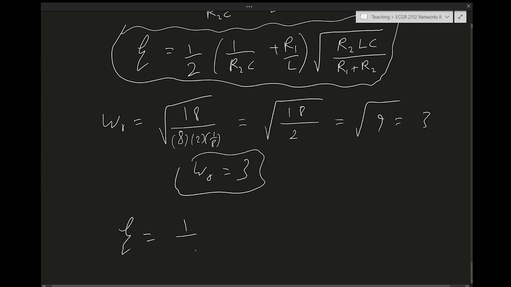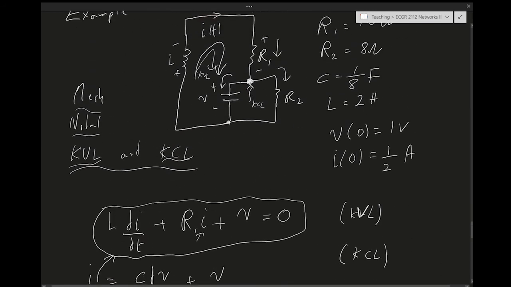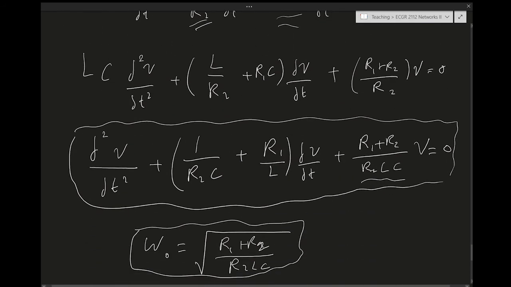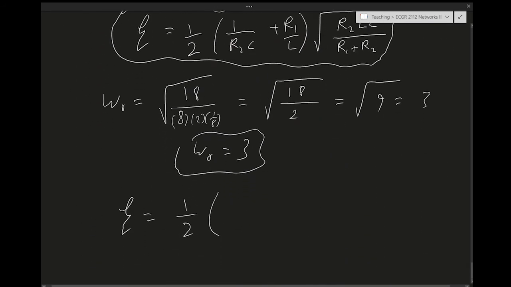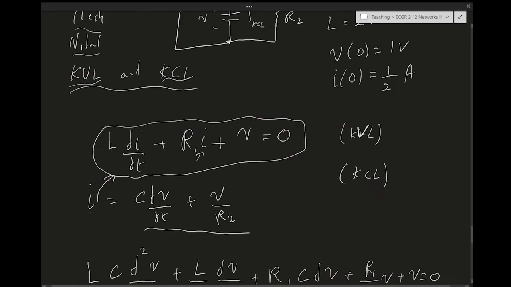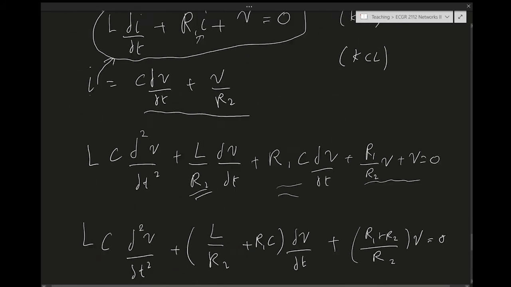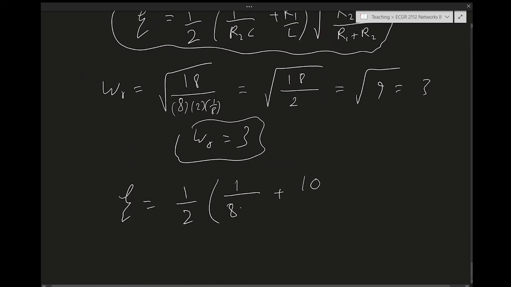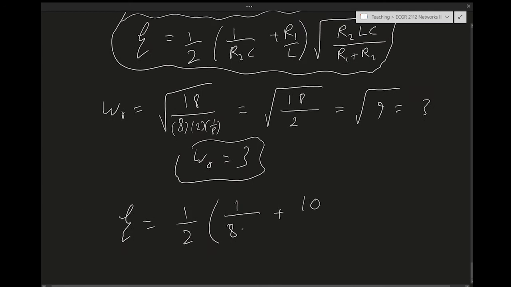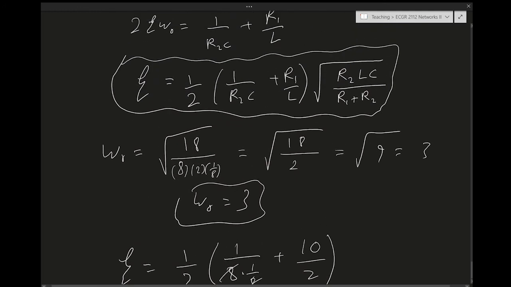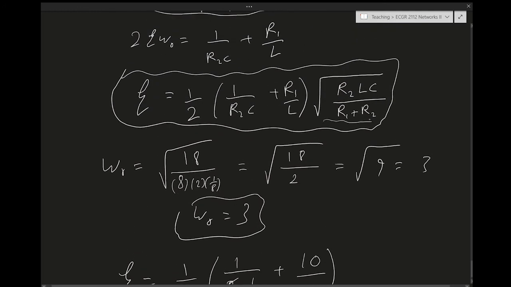Zeta equals half. I have to keep reminding myself, R2 is 8 and R1 is 10. So it's 1 over 8 plus R1, 10, and then C is 1/8 and L is 2. And then the inverse of this term is the inverse of omega naught, right?